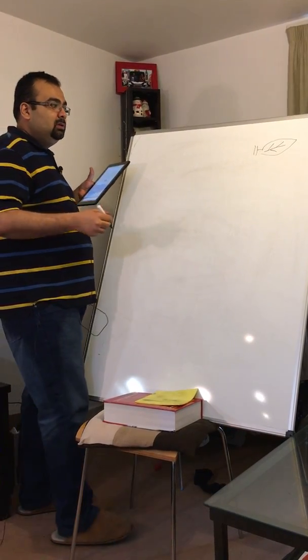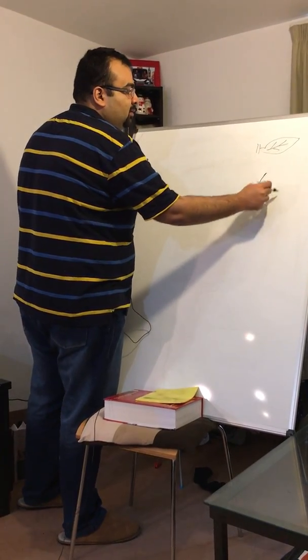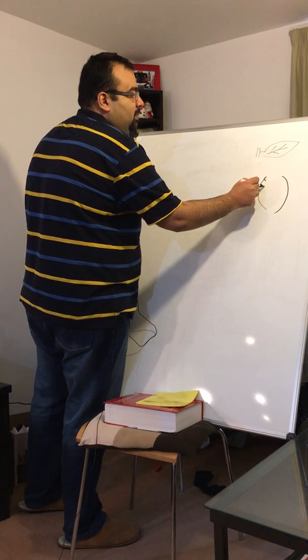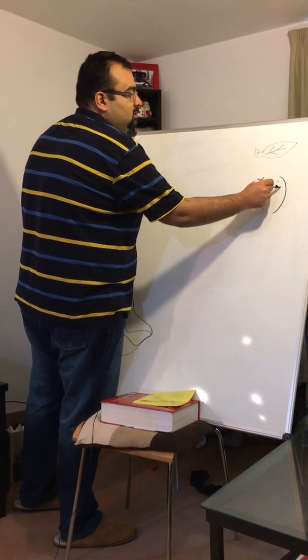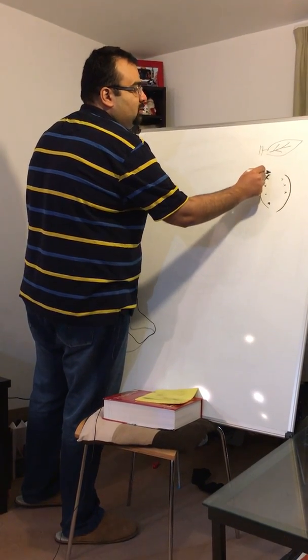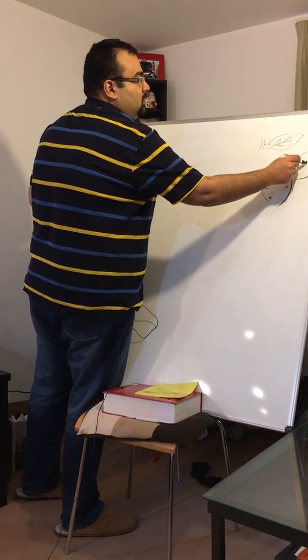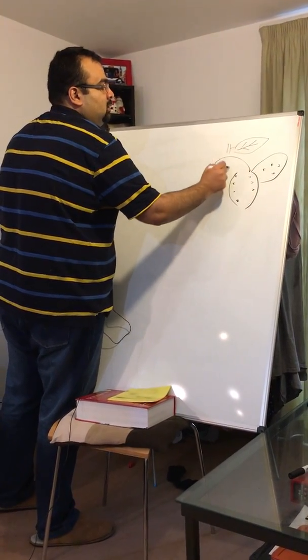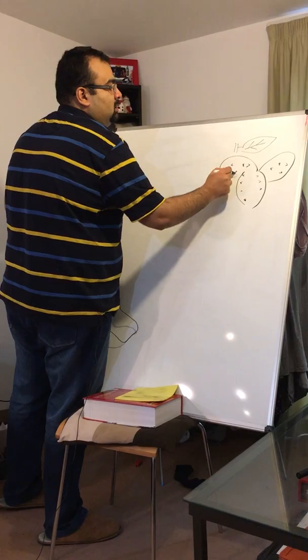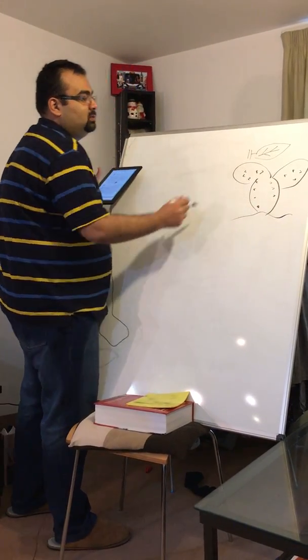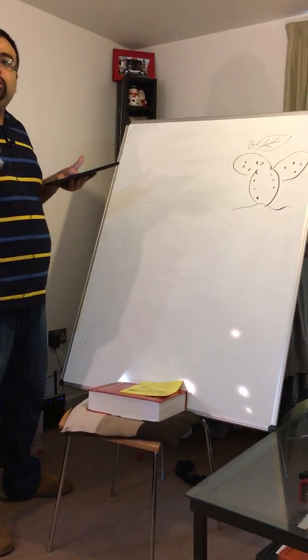Now, sometimes you can have the stem of the plant, which is doing most of the work of producing the food. Can you guess what this is? Well, this is the cactus, and the small spikes that you see here are actually the leaves.